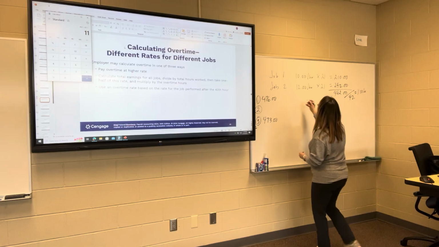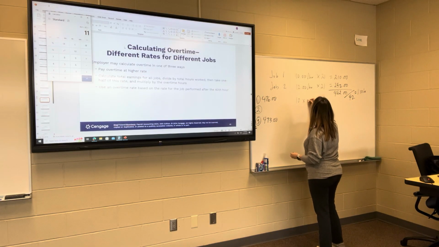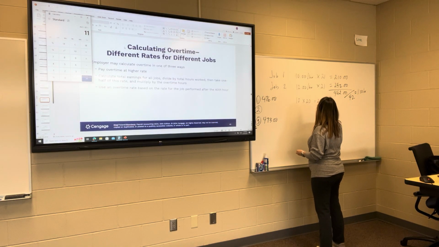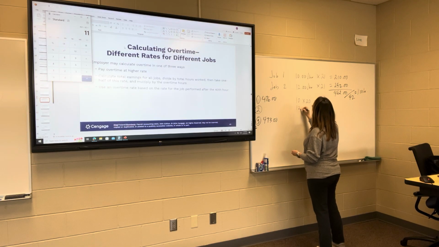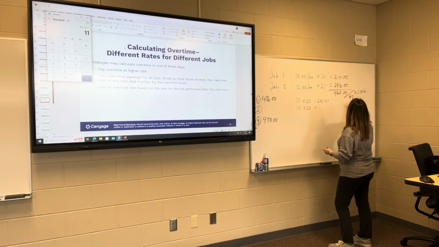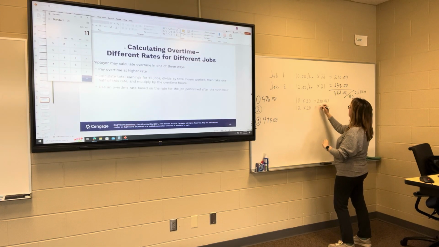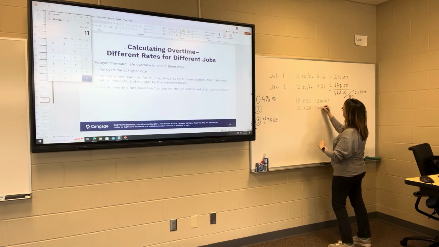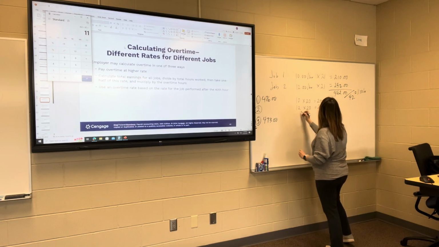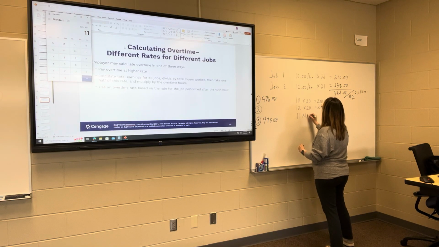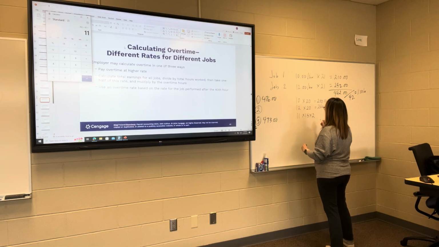So in this case, we'll do $10 an hour times 20 hours, 200. $12 an hour times 20 hours is, well, actually, forget about the overtime premium approach. I'm going to do it this other way, which is 240. And then we're going to take $11 an hour times 1.5 times 2 hours.